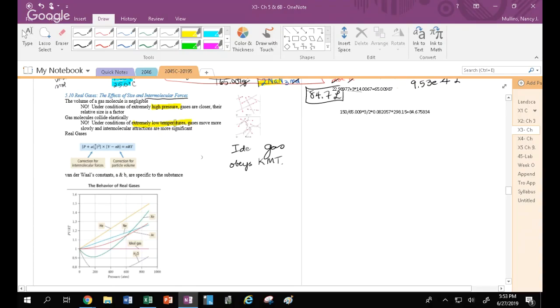However, there are some gases that even under normal conditions still don't behave particularly ideally. These would be gases that are attracted to the other gases in their mixture. If there are intermolecular forces between the particles in your gas mixture, then you can't expect that it's going to ignore that.